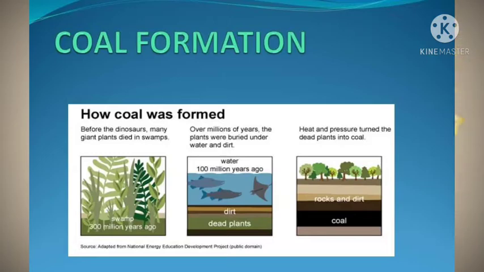It is the precursor material from which coals are derived. Over 100 million years, these dead plants were buried under water and dirt, turning peat into actual coal. This is coalification, where an increase in heat and pressure occurs.